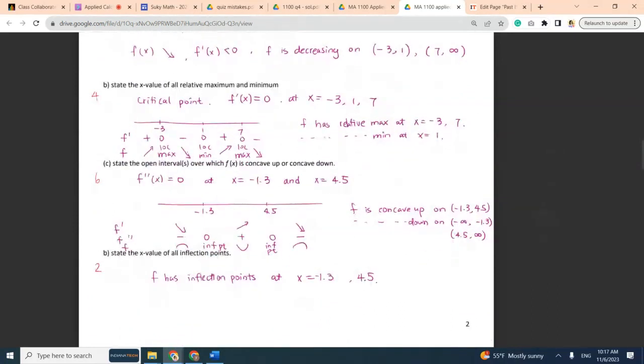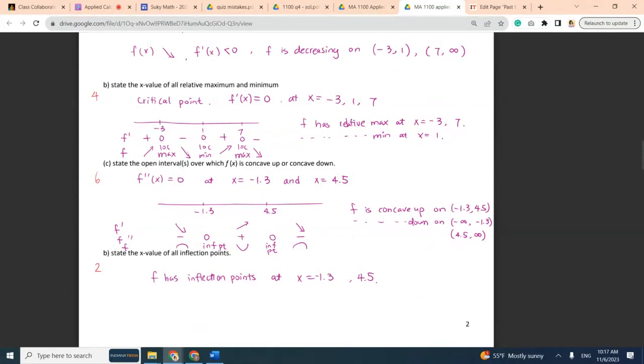That's why you draw this picture. So your f is decreasing, concave down, concave up, concave down, and those are the inflection points. And then you can answer all the questions.